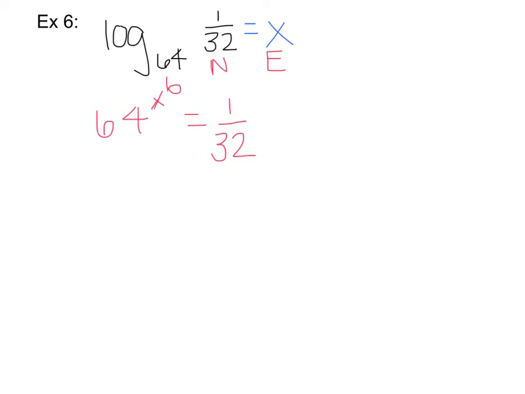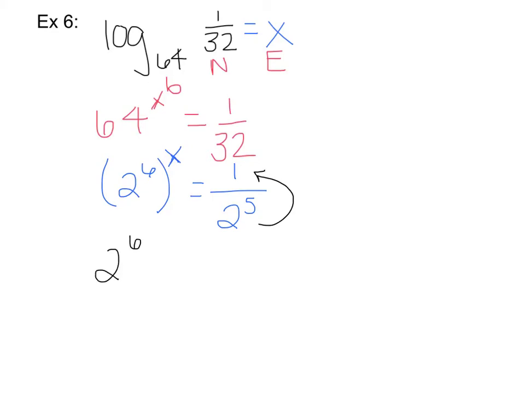So let's go ahead and start to rewrite it. 64 is 2 to the sixth power, and 32 is 2 to the fifth power. Now, I cannot cancel out when I have a fraction, so to make this 2 to the fifth power come to the numerator, remember just like I said, it's going to change it, and it's going to make it negative.